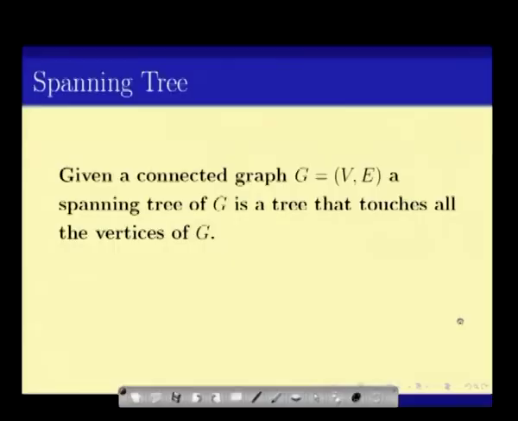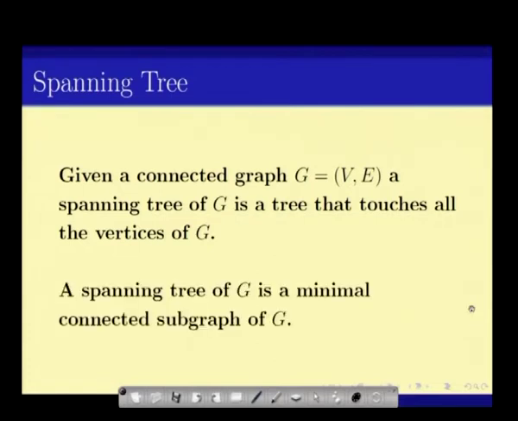So, I am looking for a subgraph that is a tree. This is called a spanning tree. Given a graph G, a spanning tree of G is a tree that touches all the vertices of G. Basically, it is the minimal connected subgraph of G, meaning you cannot remove any more edges.